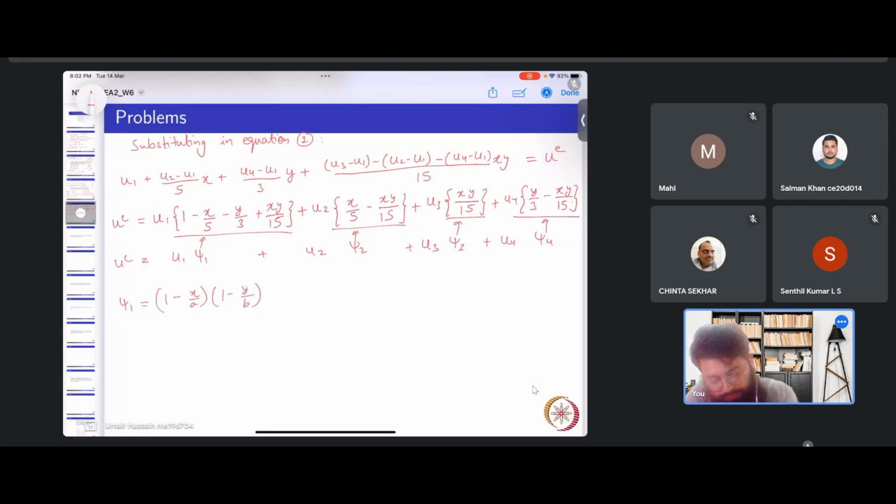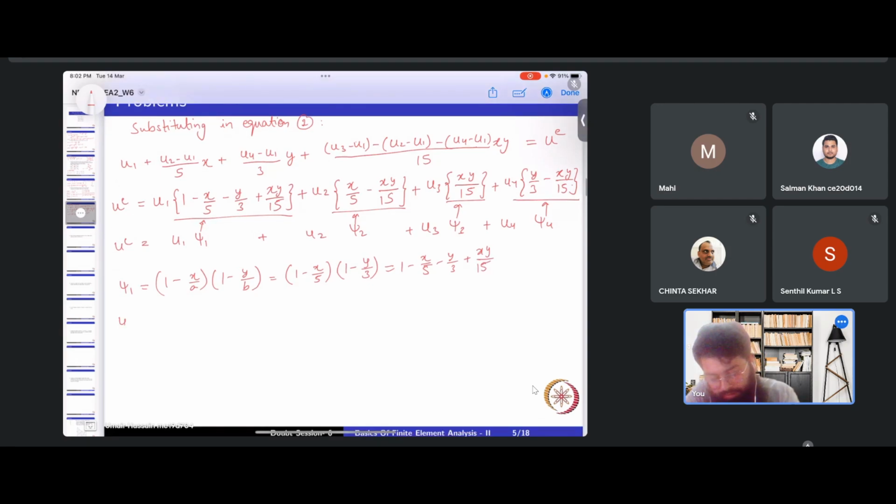So if we have a equals 5 and b equals 3, we'll get the same thing, 1 minus x by 5 minus y by 3 plus xy by 15. And likewise for the others, psi 2 we also derived as x by a times 1 minus y by b. We'll get the same thing. Likewise for psi 3, psi 4, same thing.